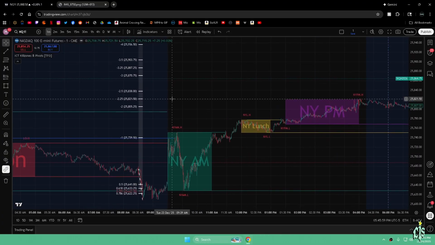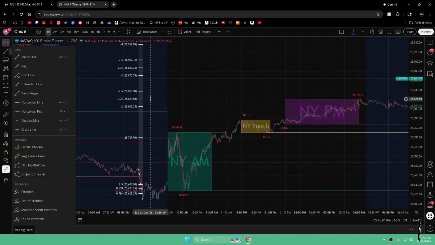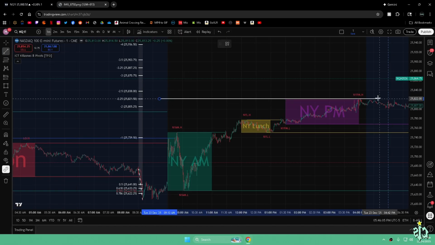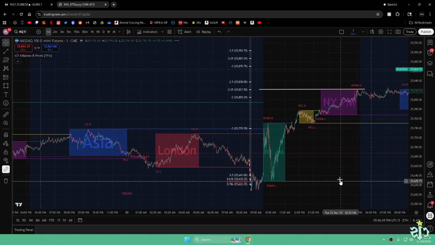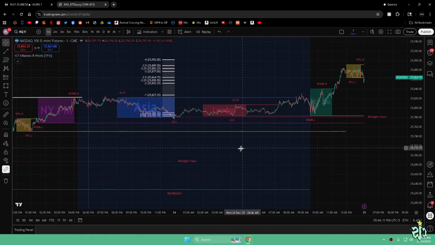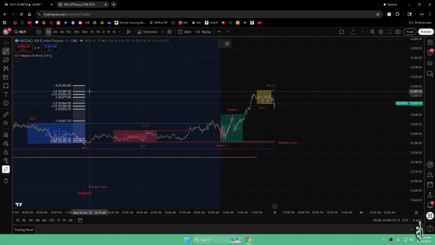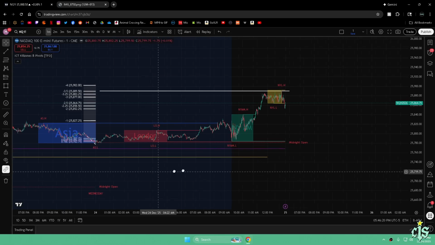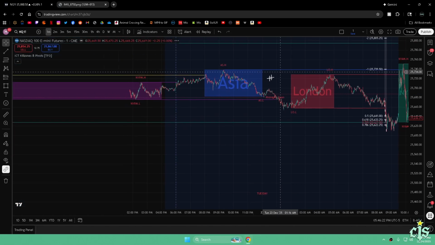It just gives you levels so you can base your trading off of. Obviously, they're not 100%, but you can use it as some type of confluence.